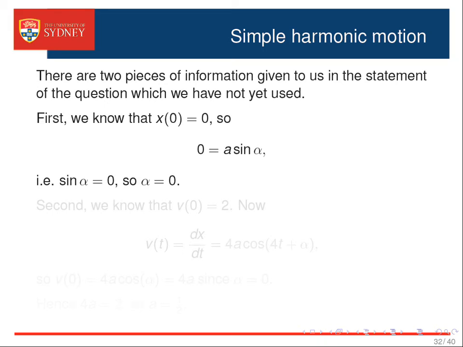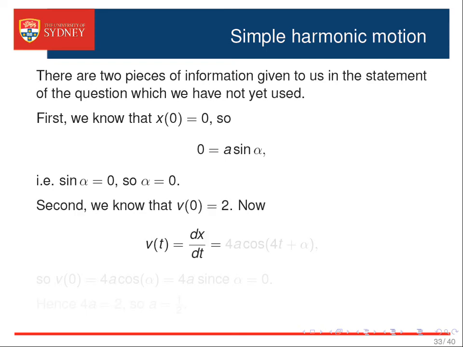Remember that the particle was at the origin at time 0, so plugging t equals 0 into the formula means a sine alpha must be 0. Since a is non-zero, otherwise our function would be pretty boring, this means sine alpha is 0, so alpha must be 0. Or some integer multiple of pi, but let's take 0 for simplicity's sake. So now we know alpha.